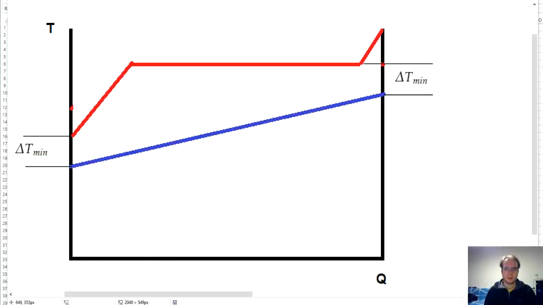Now, in order to continue with the calculation, we need to understand the QT diagram of the feedwater heater heat exchangers. So here we have an example of a QT diagram where we can see that the inlet steam can be in superheated state, or as we have seen before, it can also be in the condition of wet steam. And we will assume that the minimum temperature difference is between the feedwater outlet and the condensing steam.